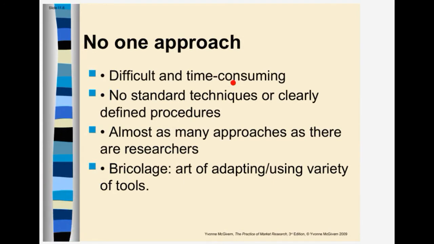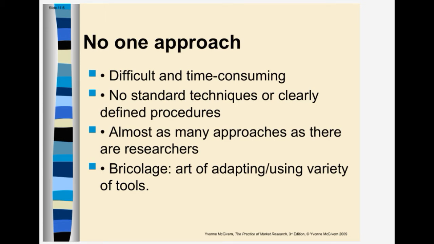Moving to another approach, which theorists call the no one approach. Why is it called this name? Because sometimes this approach is constructed from a diverse range of things. It's called pre-collage, adopting a variety of tools collected from diverse things and adopting an approach.